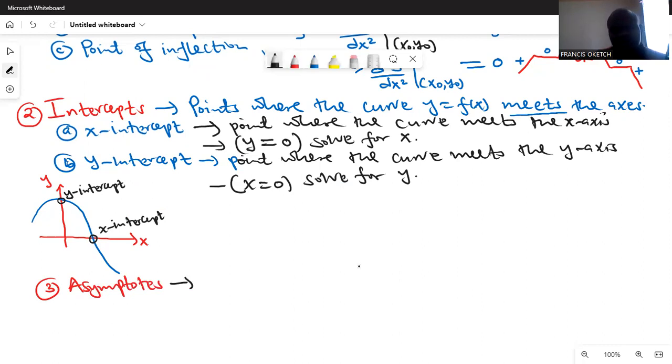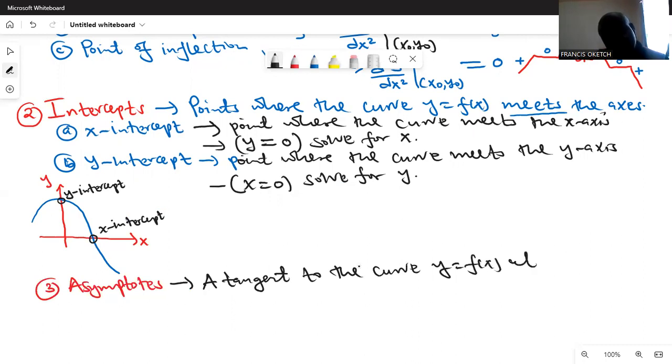An asymptote is a tangent to the curve y equals f of x at infinity.